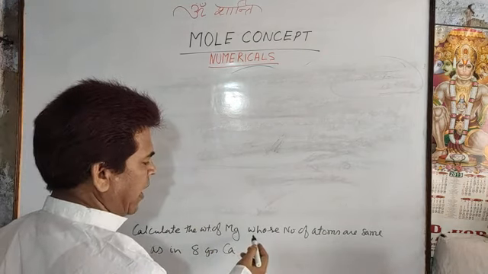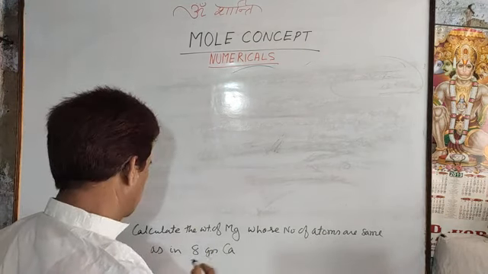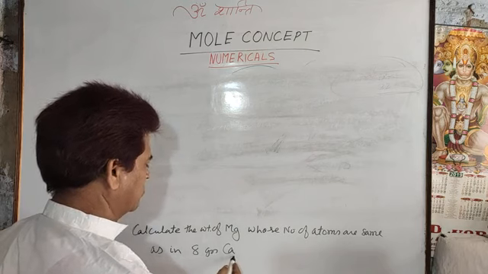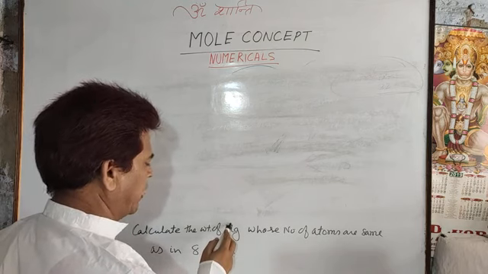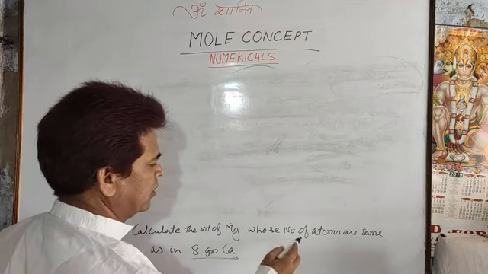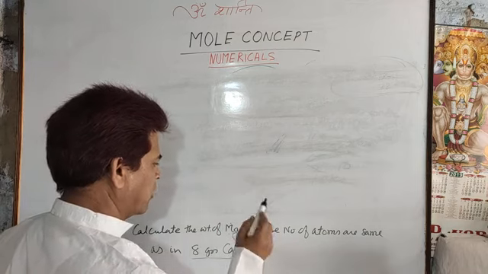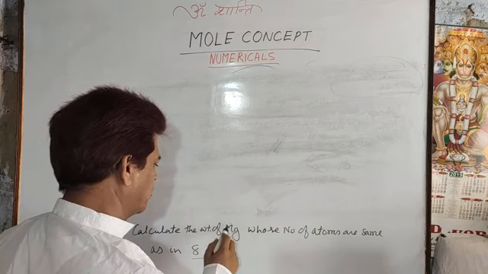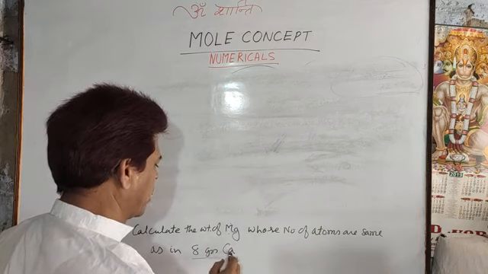Calculate the weight of magnesium whose number of atoms is the same as in 8 gram calcium. You have to find the weight of magnesium on the basis of 8 gram calcium. So the number of atoms of magnesium will be calculated, which is equal to that in 8 gram calcium.